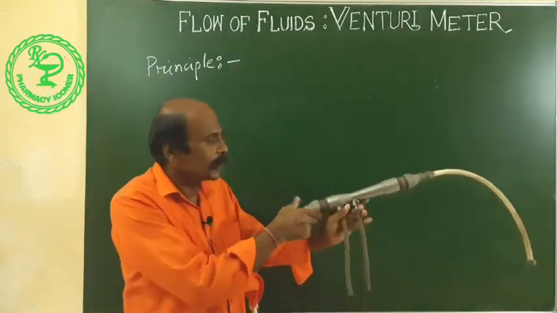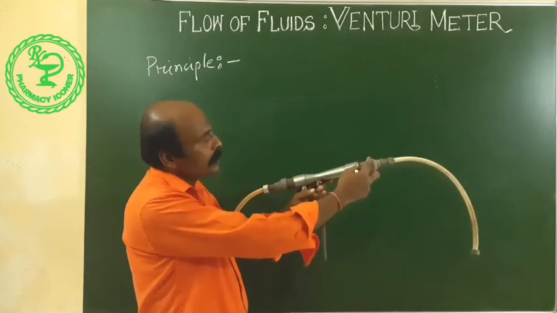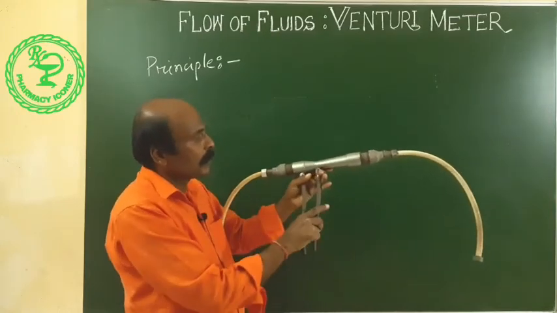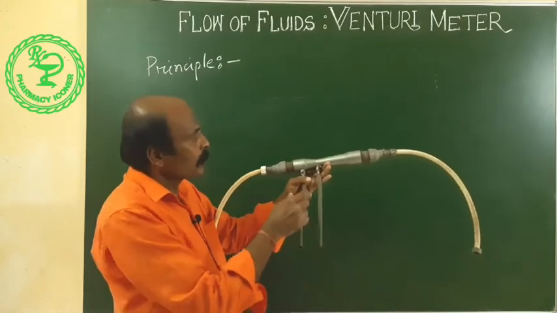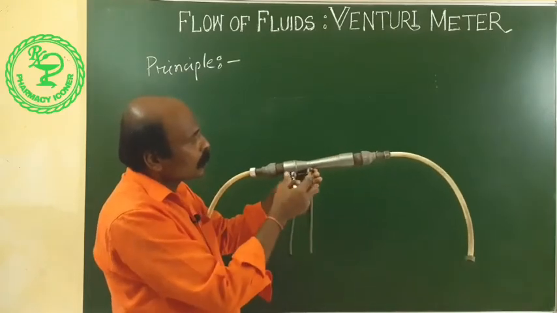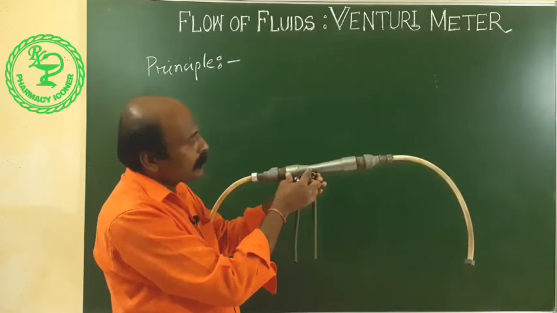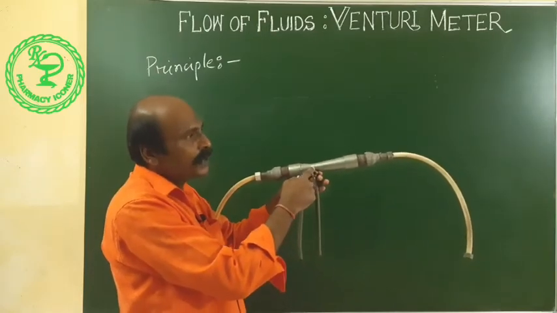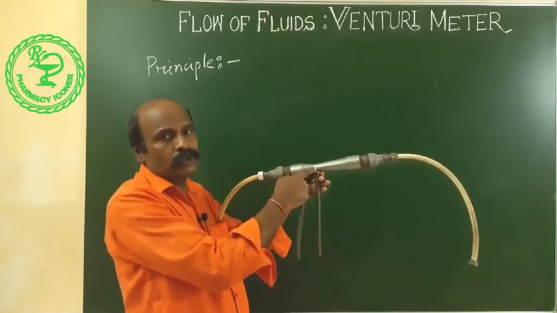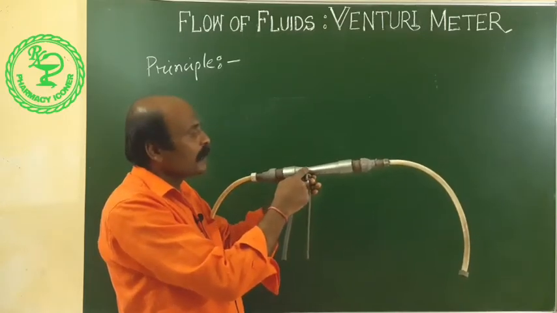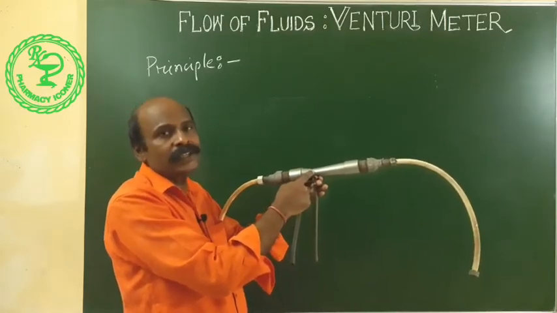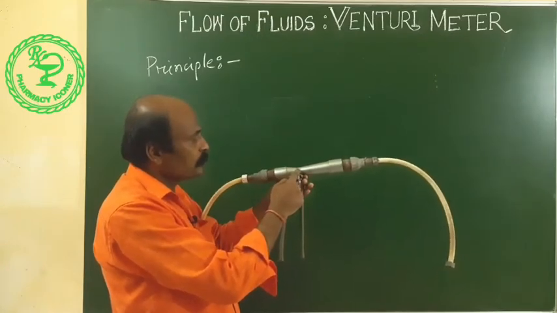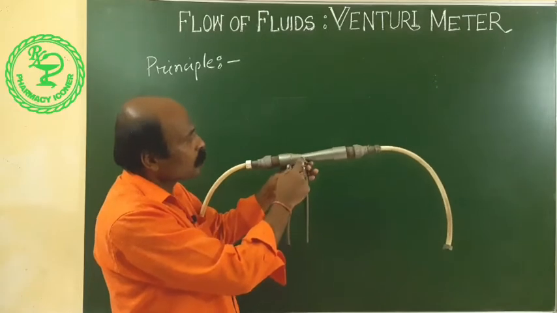You see, this portion is the venturimeter, this is the pipe fittings. So, this is the two tapered portion, one tapered portion and another tapered portion joined in a place. This place is called the throat, where the cross section area is minimum or lowest. This is called the throat.